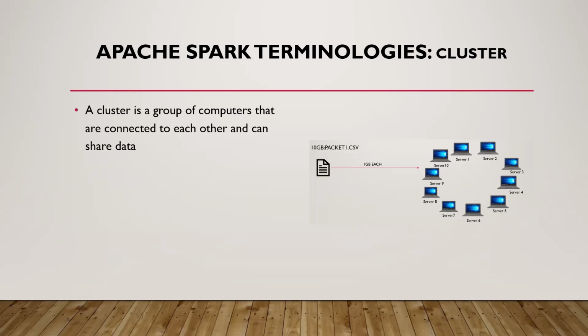So what if I don't want to put all the 10 computers to do this job? I want only 4 to do the job. So 4 of them should be getting 2.5 gig each.